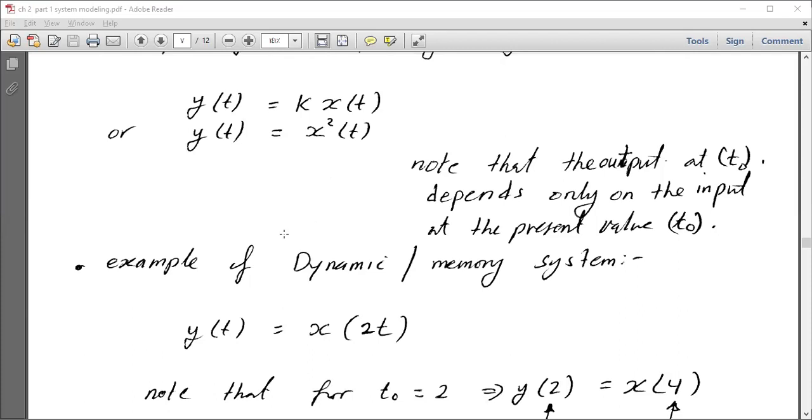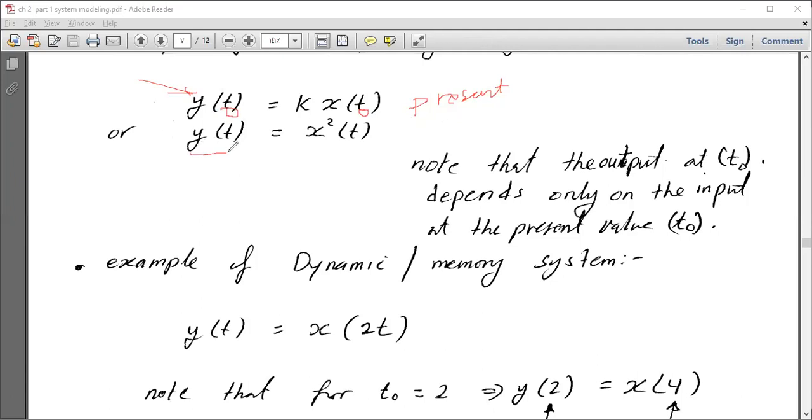Memoryless. Why? Because take any value x of t node, and the output depends only on the present value. You need the present value of the input to decide the value of the output. So it is a static or instantaneous system.